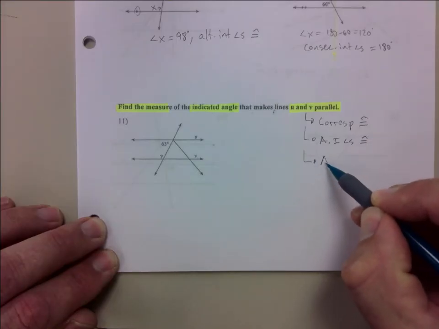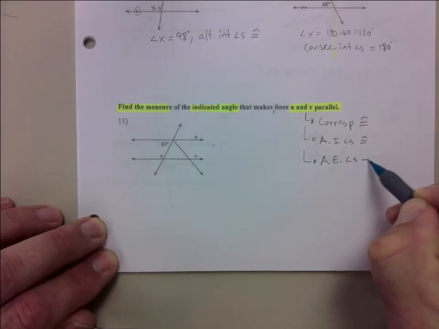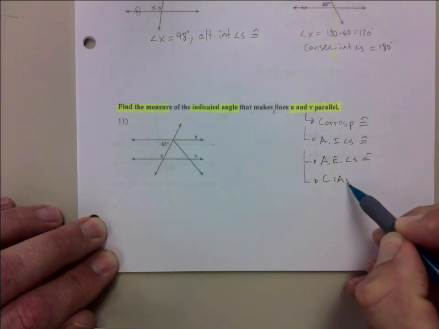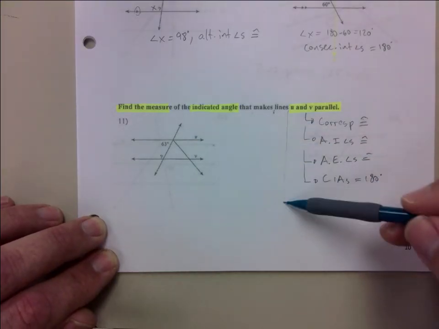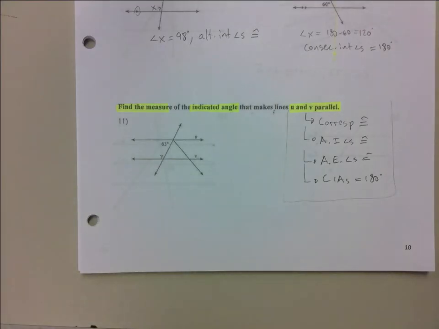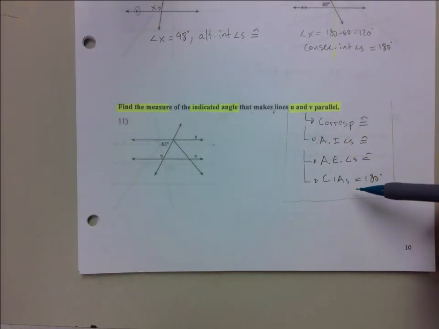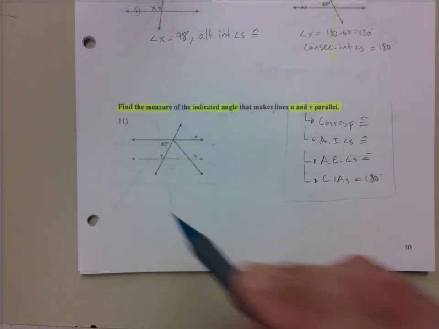We need alternate exterior angles to be congruent. We need CIAs to add up to 180. Okay? That's what you need to make two lines parallel. Listen carefully to this part. If you make sure that one of these is true, it turns out that all of them are true. That's a property that we're going to discuss further tomorrow.